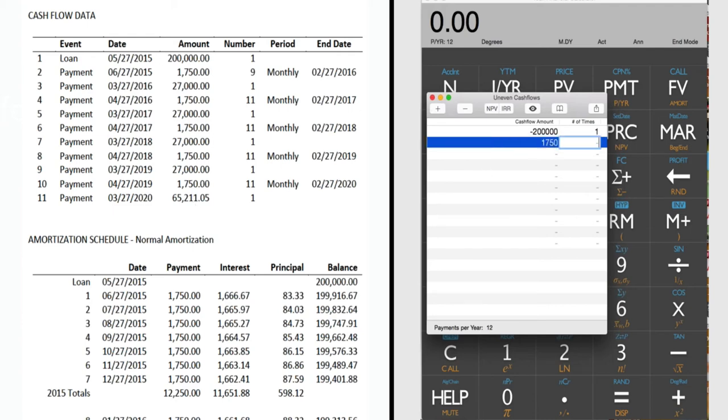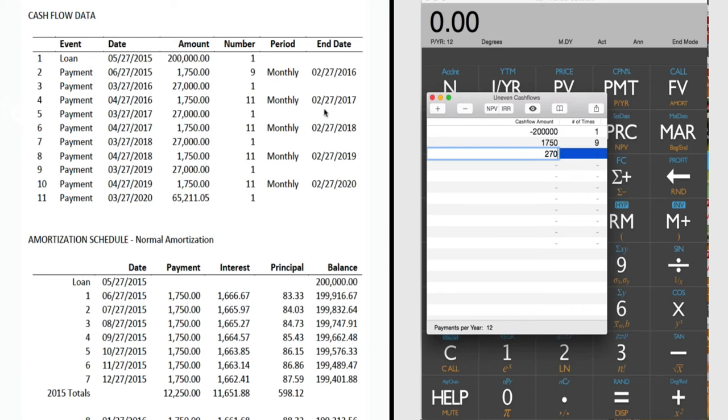So 1750, and that's another 9 times. And this assumes 1 month in between because we've got payments per year at 12. So between each line item, it's automatically assuming 1 month.